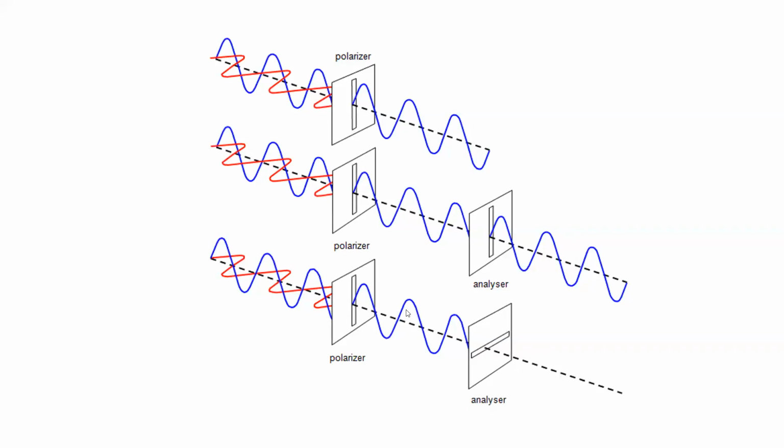So no light will pass through the system. So this second polarizer works as a detector, as a measurement setup. It measures the state of a photon in the vertical-horizontal basis. Okay.